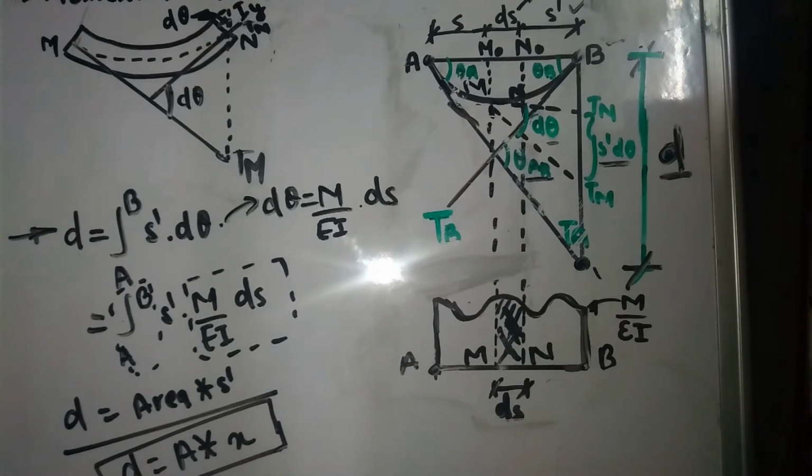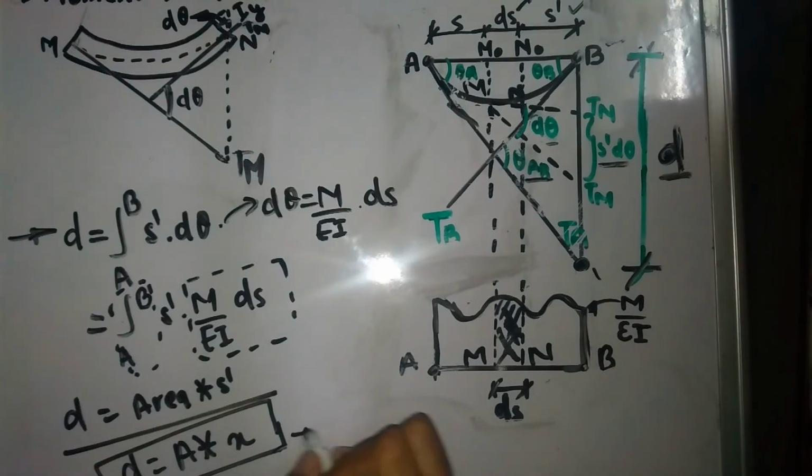So what does this refer to when we move to our M by EI diagram? In order to explain this a little more clearly, first let me write down the second theorem.